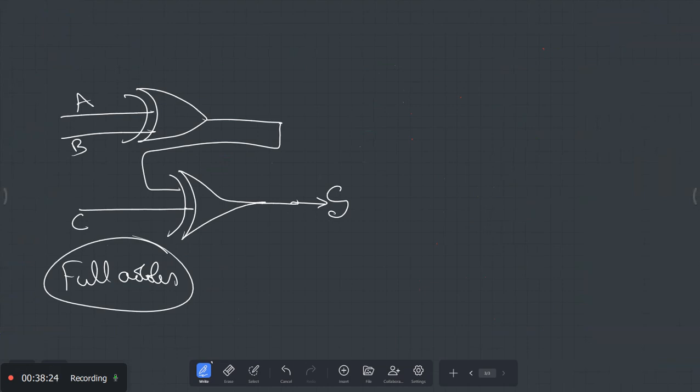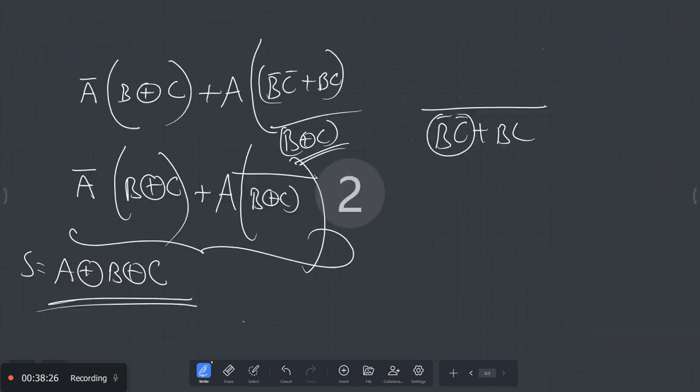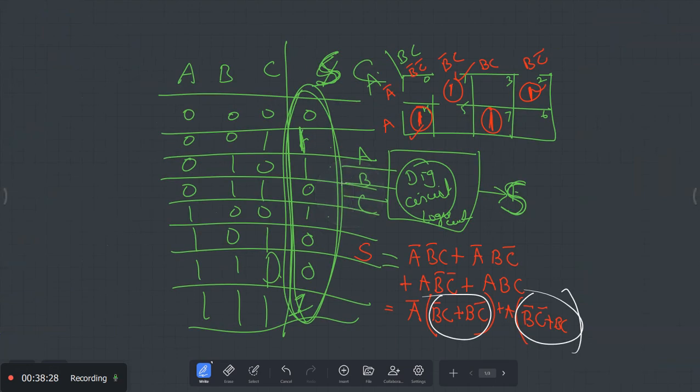You have started all the way from your truth table. You started from here. This is the behavior of the circuit which is required. I had just drawn it as a black box here. I said there is a digital circuit with 3 inputs and 1 output. And I told you that this truth table is the behavior of that. And I am asking you to get the logic circuit.